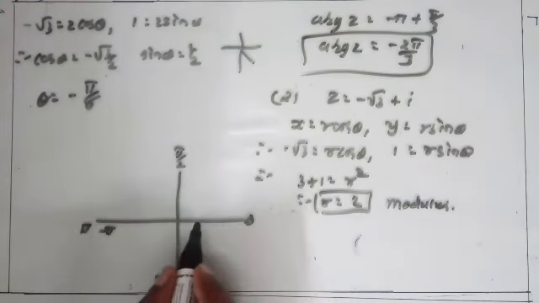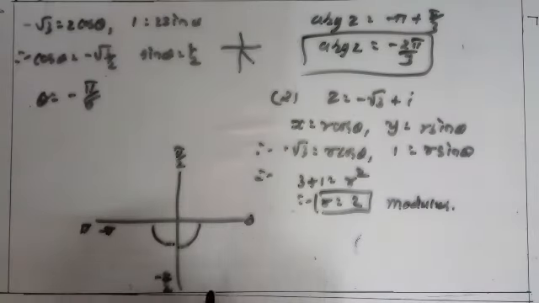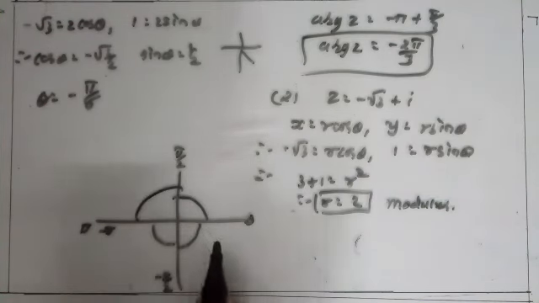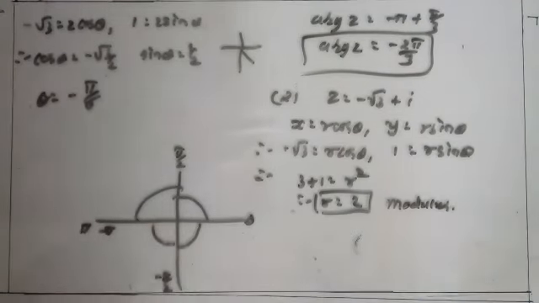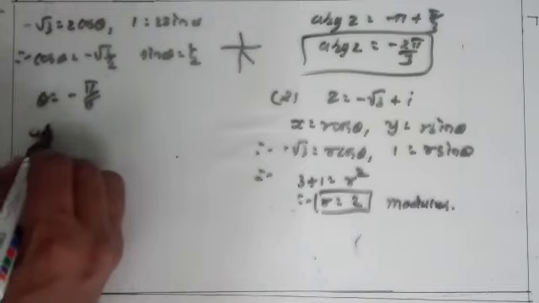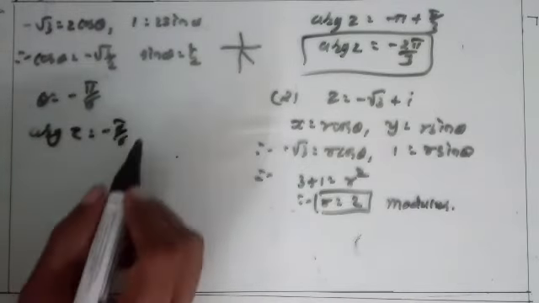Clear? So in this case we take a minus value, and in this case we take a positive value. Clear? So argument of z is equal to minus pi by 6.